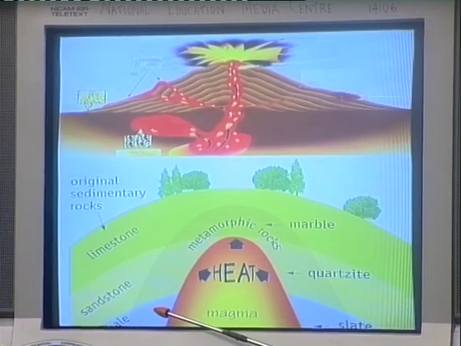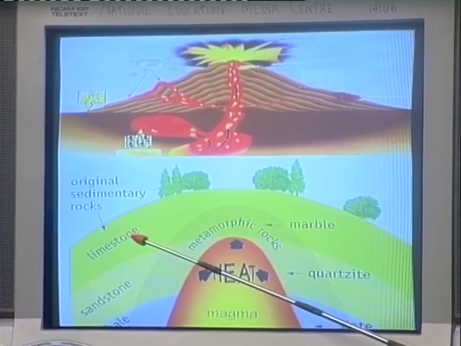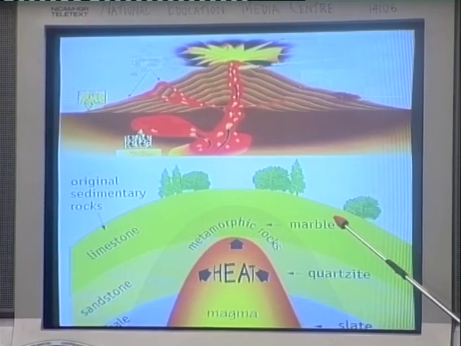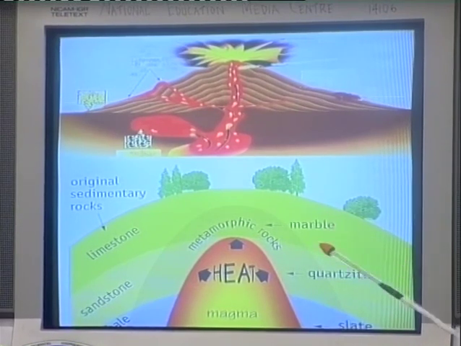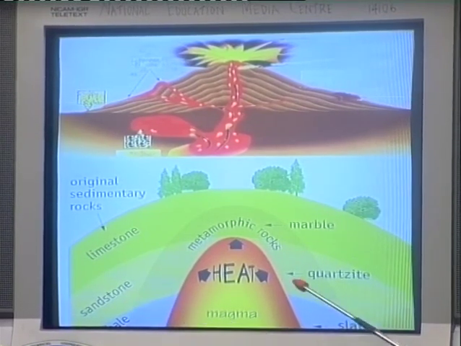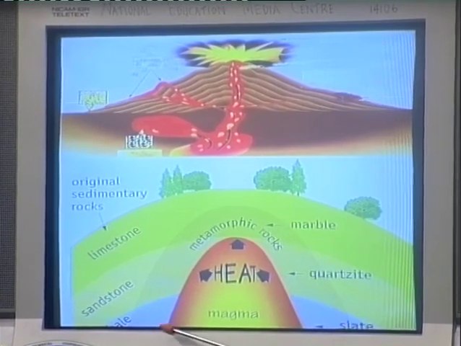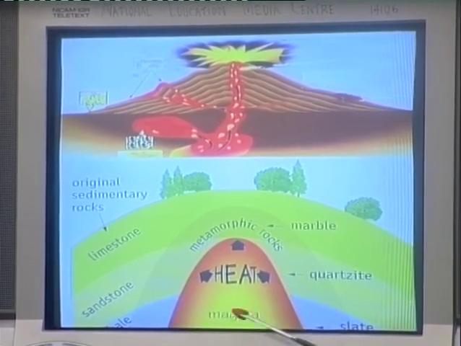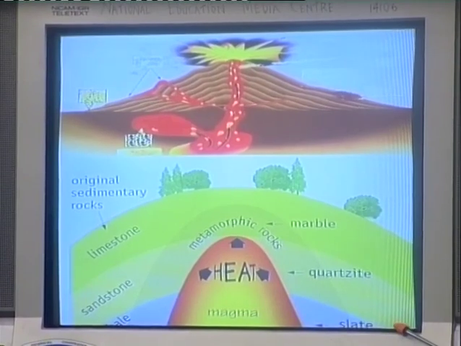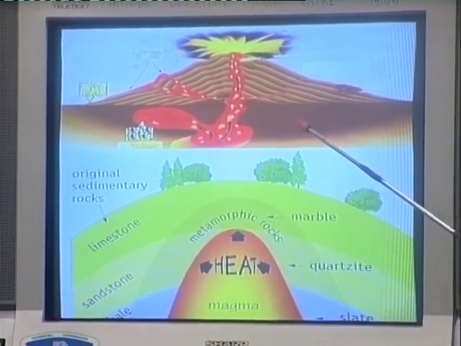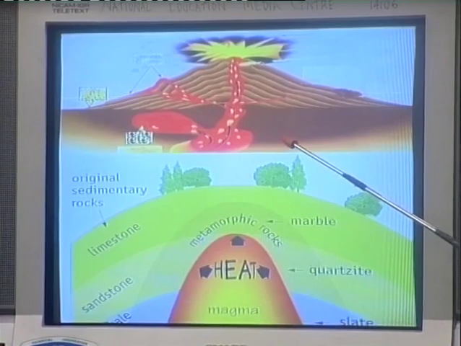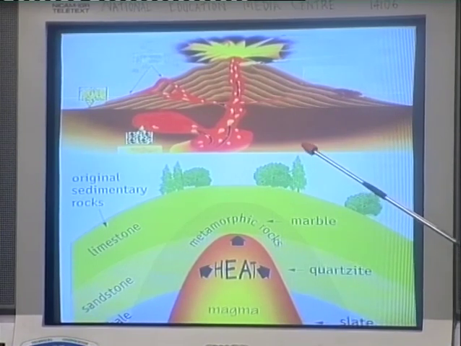So we have the diagram that shows us limestone becomes marble, sandstone becomes quartzite, and shale or mudstone becomes slate. And this all happens inside the earth.